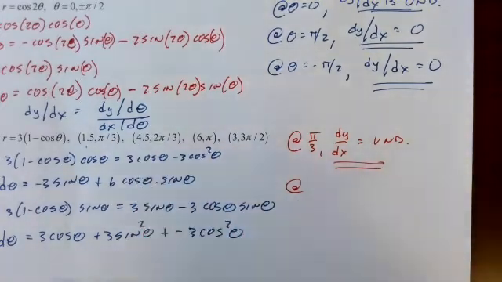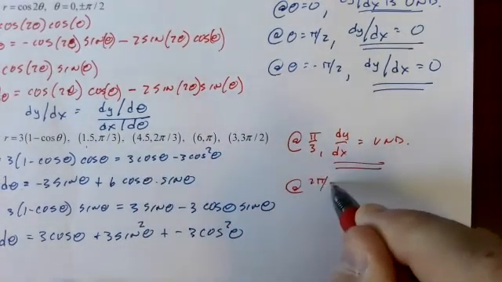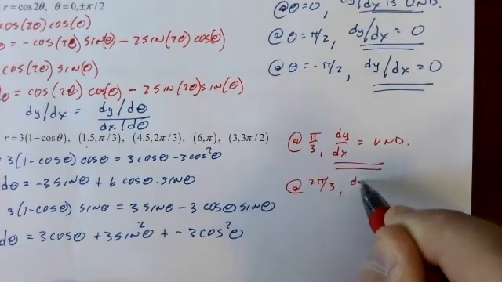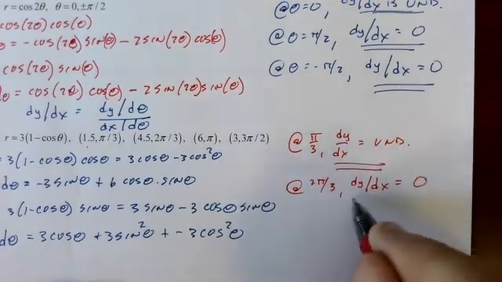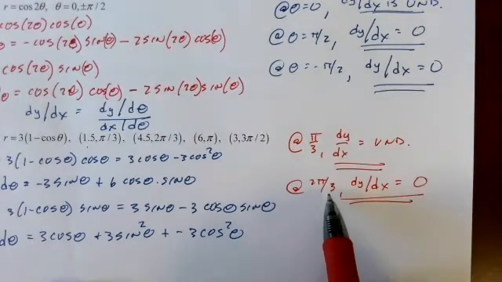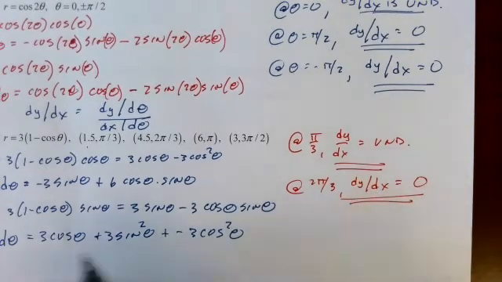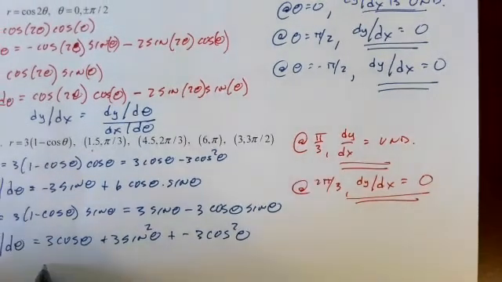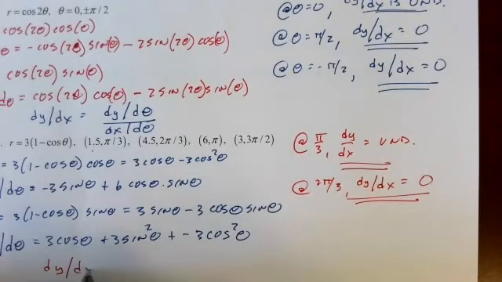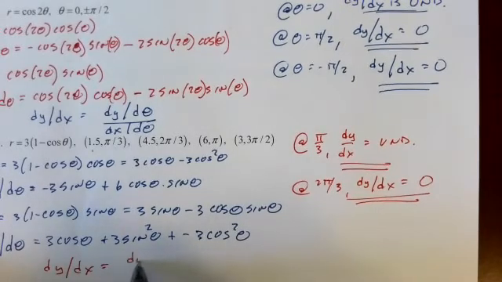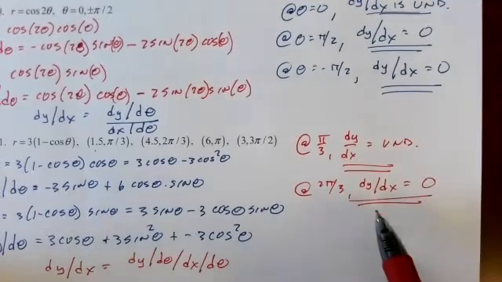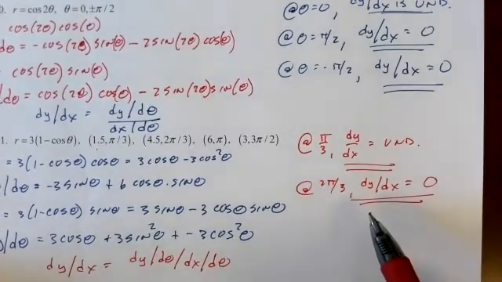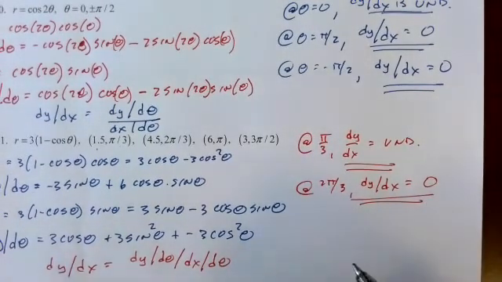At 2 pi over 3, dy dx equals 0. Let's just look at that one. All I care about is dy because that's on top. As we said before, dy dx equals dy d theta over dx d theta. So actually, I do care about the bottom. Bottom can't be 0, so I just plug it in and go.